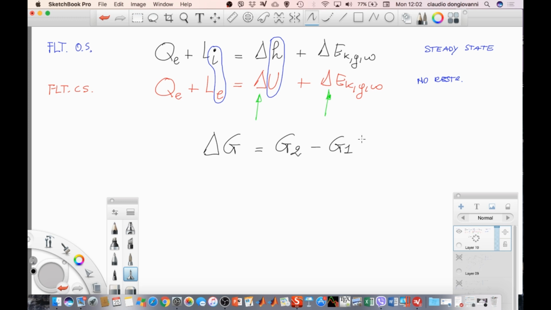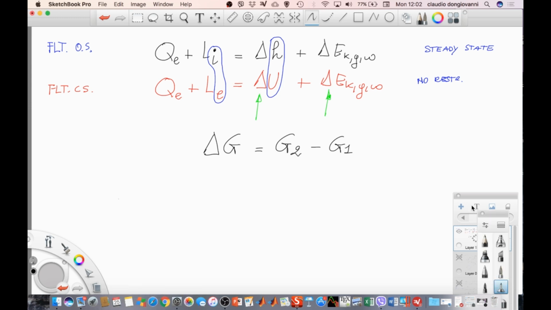Okay, when we apply this delta, the delta in the no restriction case, this delta here, the variation refers to what? It does not matter, because this delta is for U, this delta is for kinetic energy, etc. The question is not related to the quantity.